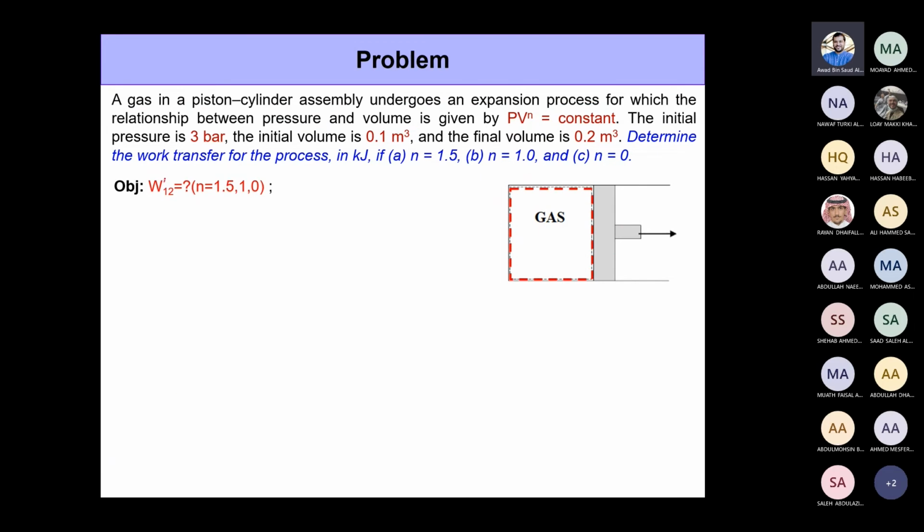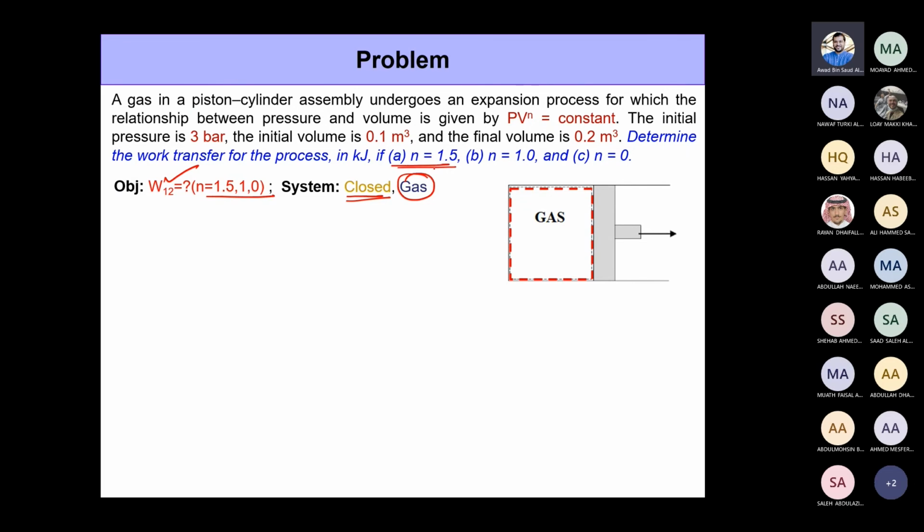So basically, we are trying to determine the work output for three different values of n. The system that we're dealing with is closed, and of course, it is a gaseous system. Okay, now for now, we don't really need to bother if it's an ideal gas or not, right? We will just go ahead and use the general formula. So let's write down how we determine the work transfer.